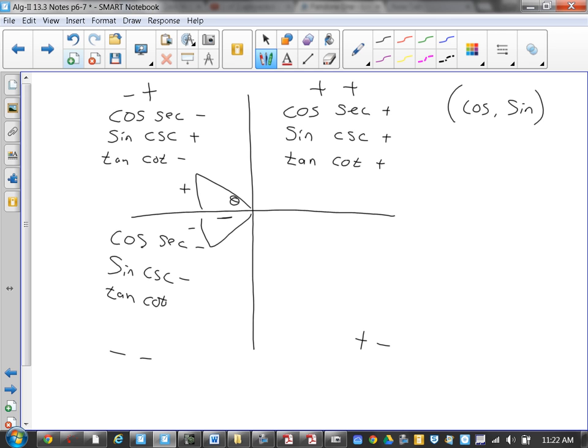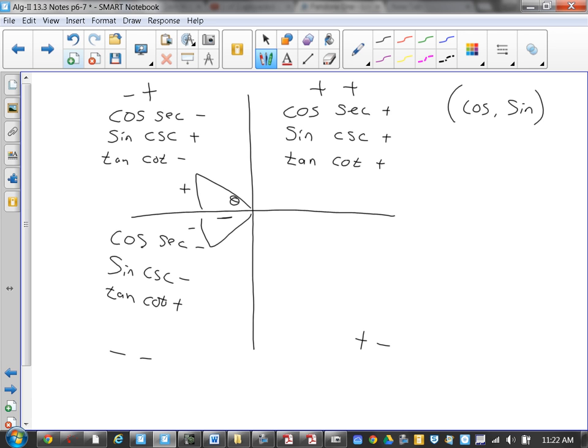Now think about tangent. Tangent is opposite over adjacent. Negative over negative is positive. Okay? So sine and cosine are just going off of the ordered pairs. If x is positive, cosine can be positive. That's all it is.